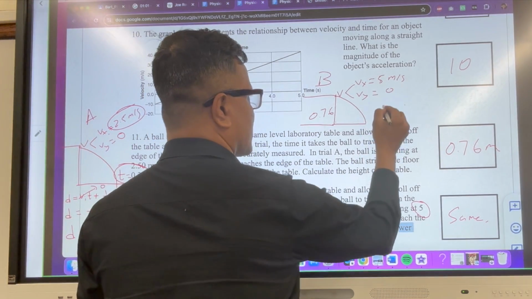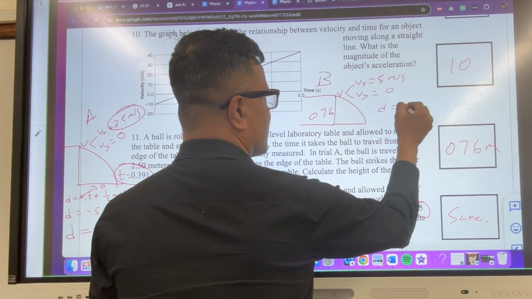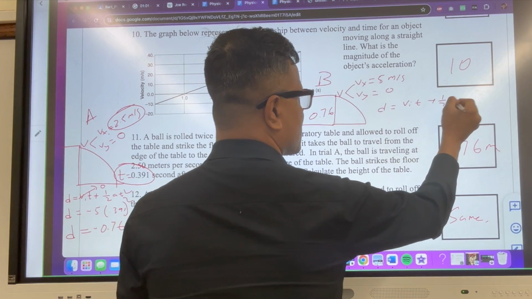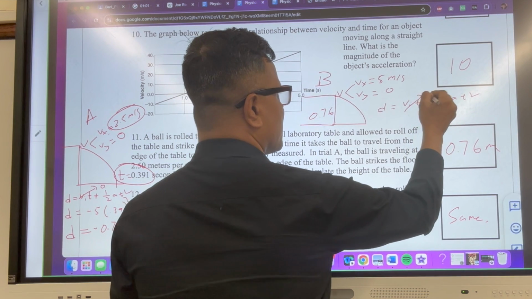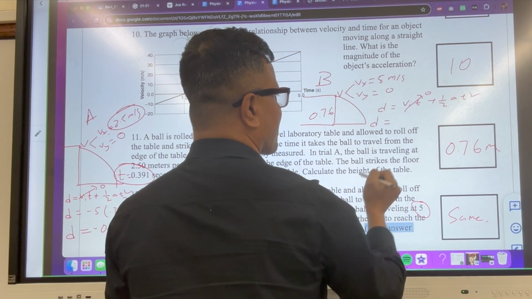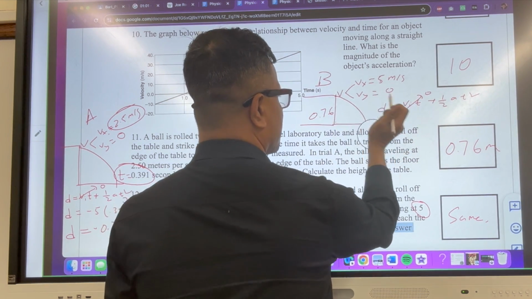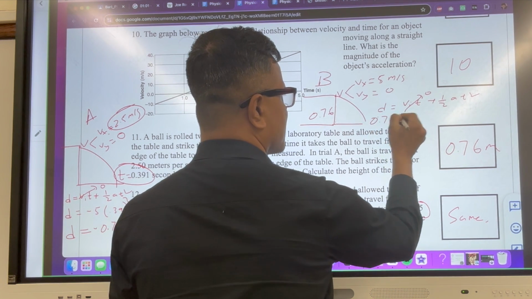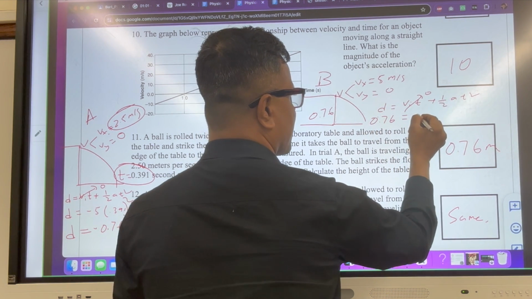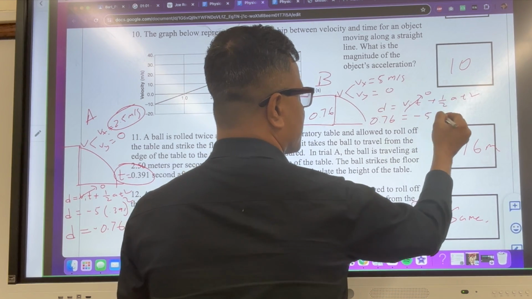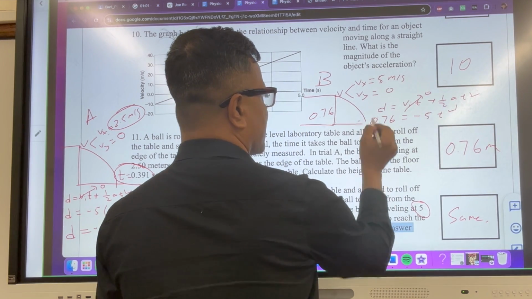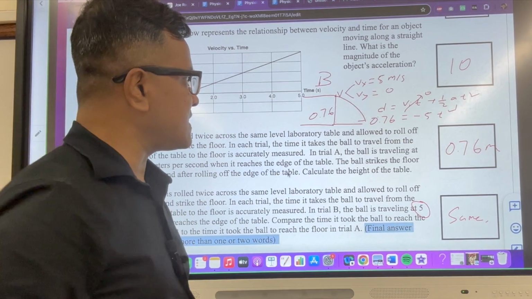So you can check that d is equal to vit plus half at squared, right? And this is 0. So 0.76 is equal to negative 5 t squared. Okay, this is negative 0.76. Negative negative cancel.